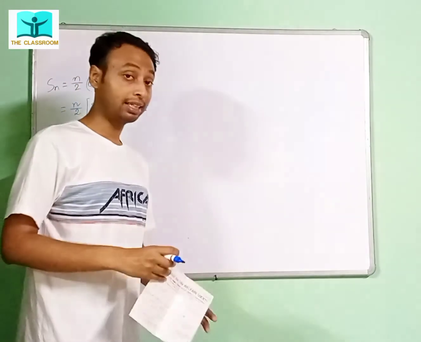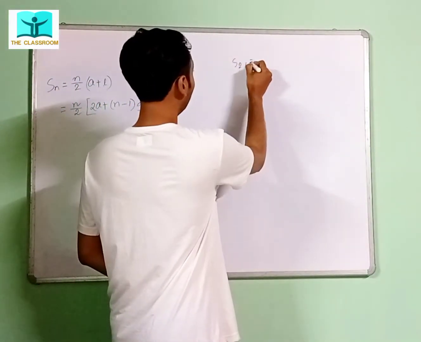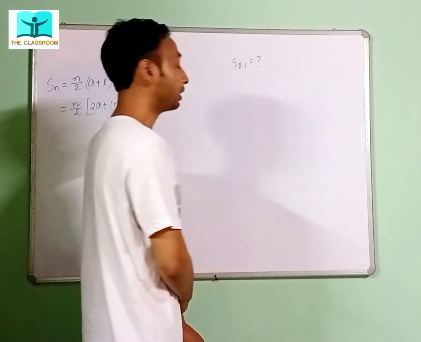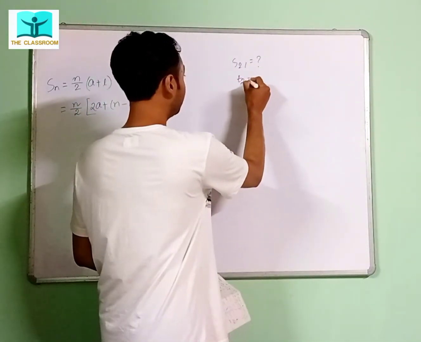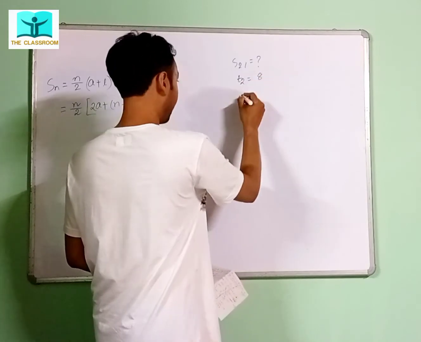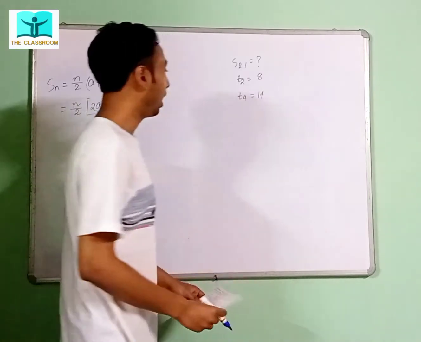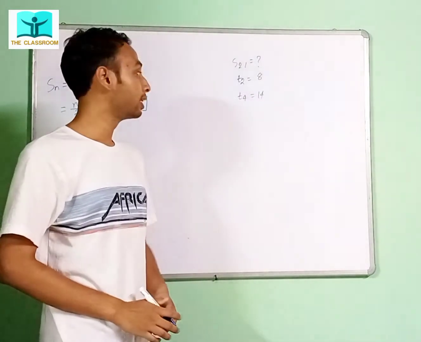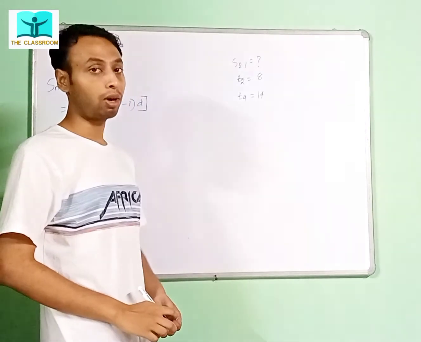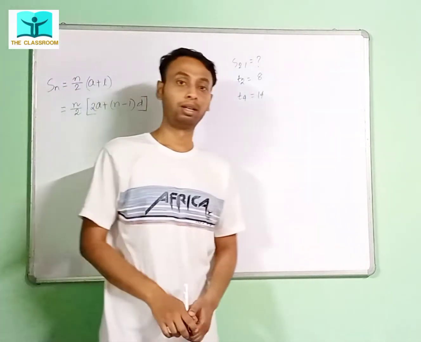That is, I have to find S21, and the values of the second term T2 equals 8 and T4 equals 14 are given.